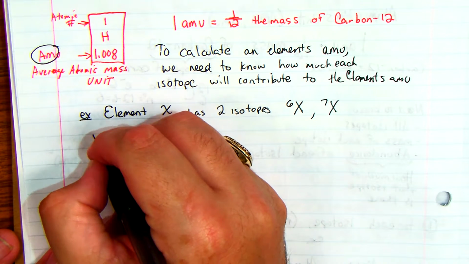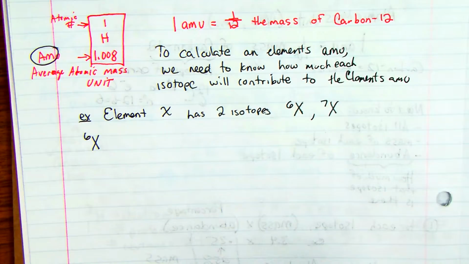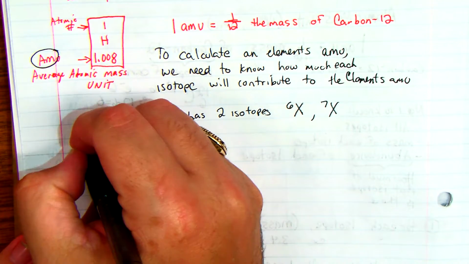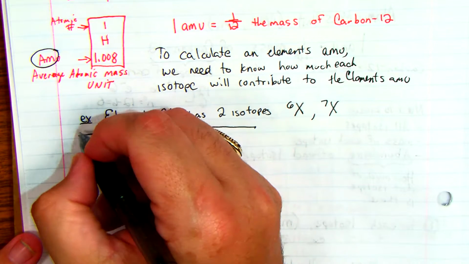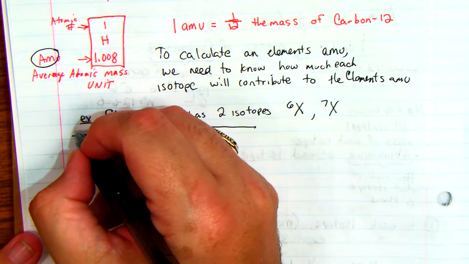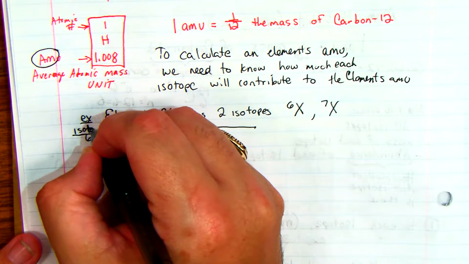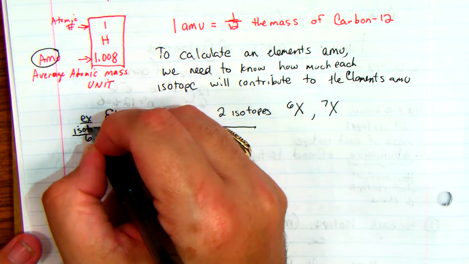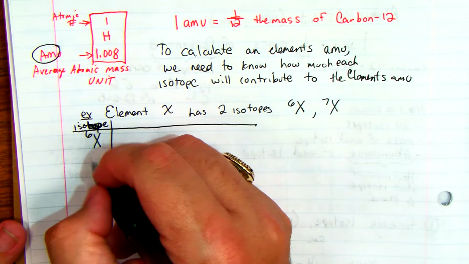Now, with element X, I think the easiest way to do this is to make a table. You're going to put your two isotopes here.